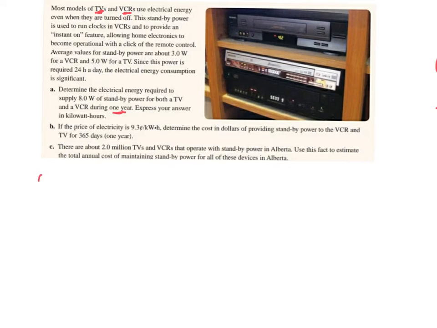Okay, so for A, there's a lot of steps we have to go through for this one. First of all, we have the power, which is equal to 8.0 watts. Well, that's no good for us. We can't be in watts. We need to be in kilowatts, because you see here, express your answer in kilowatt hours. So we know that there's 1,000 watts in a kilowatt.